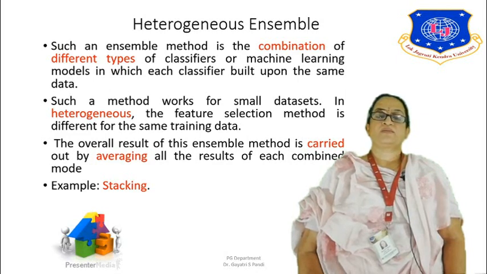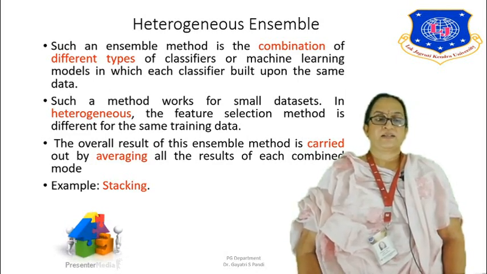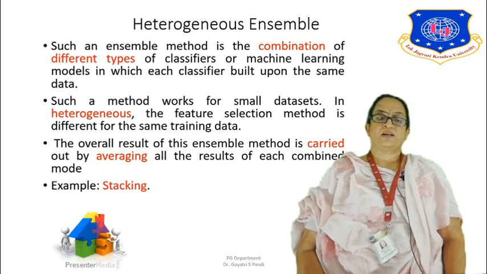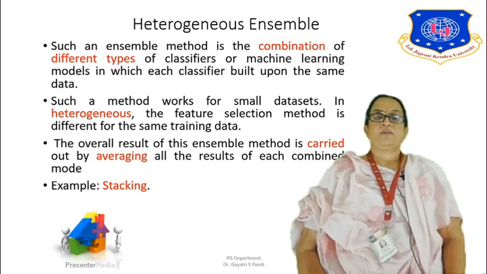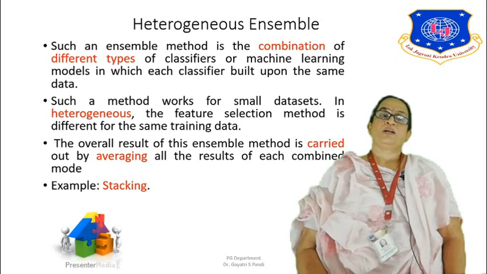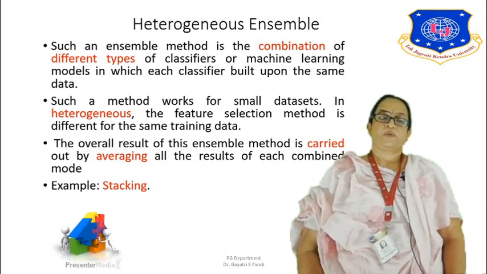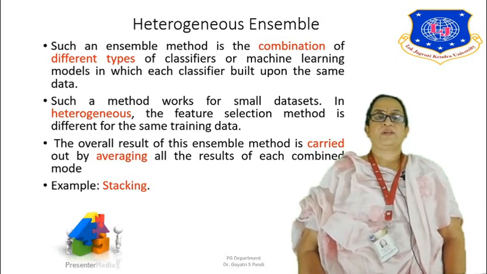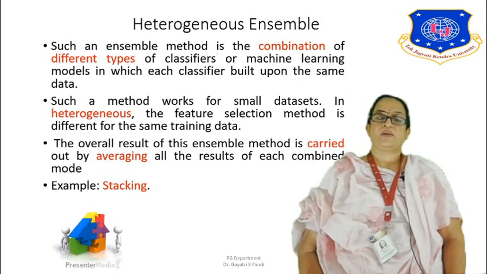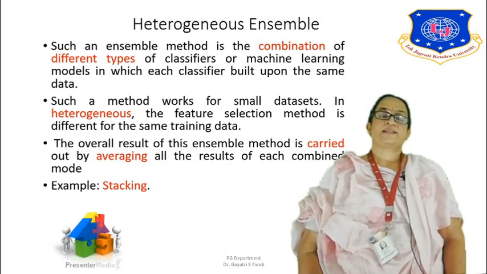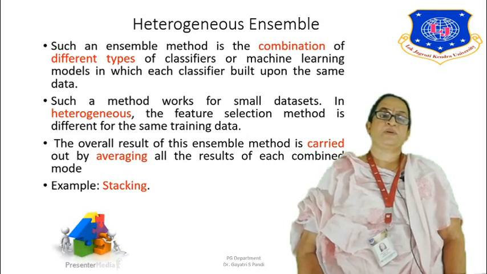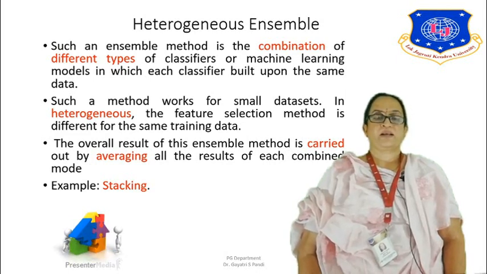Such a method works for a small data set, whereas homogeneous works for larger data sets. In the heterogeneous technique, the feature selection method is different for the same training data. The overall result of this ensemble method is obtained by averaging the results of each combined model. Stacking is one of the best examples of a heterogeneous ensemble technique.